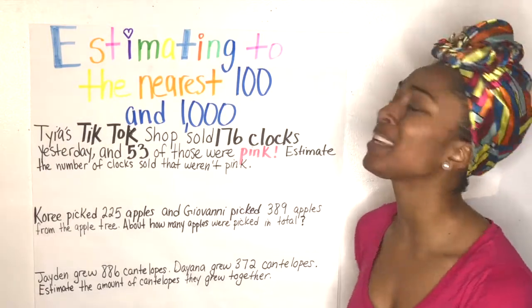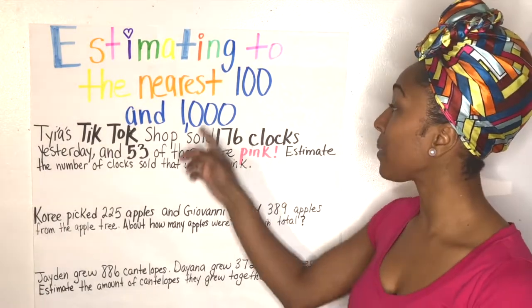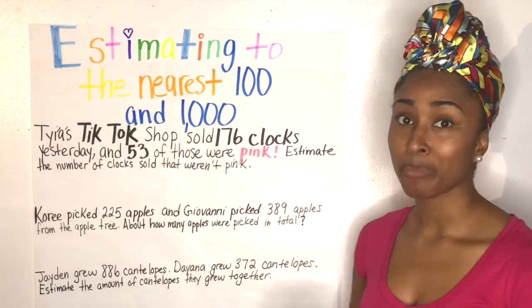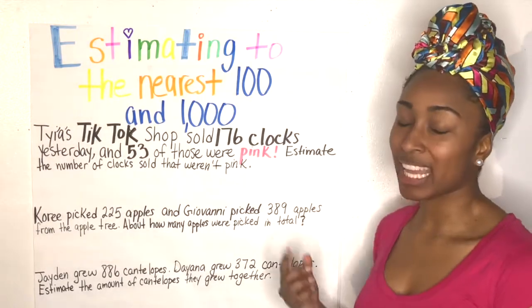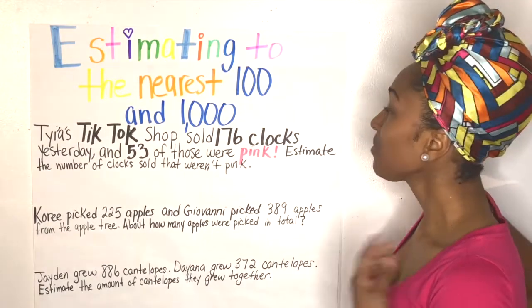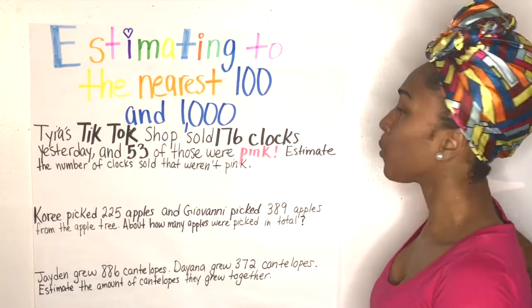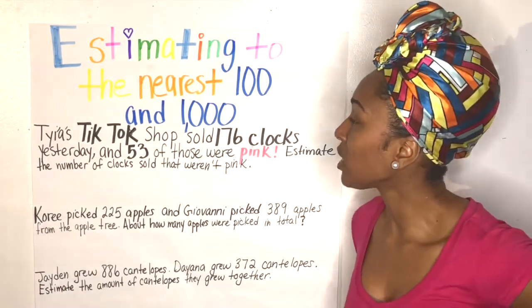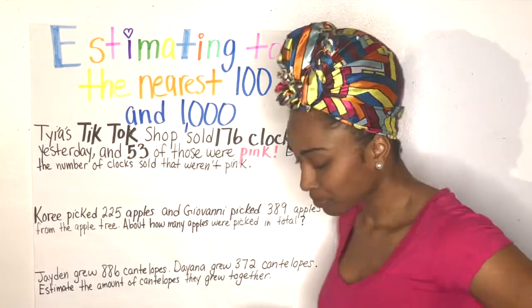Okay, so we're missing a part here. We know how many were sold in total, and then one of our parts was 53 for pink. So before I can estimate and give a thoughtful guess about that number, I need to subtract. Remember, when we find a missing part, one way is to subtract. So let's subtract here.